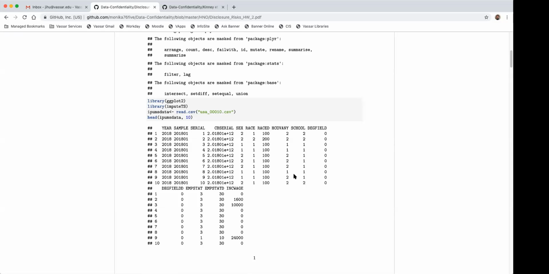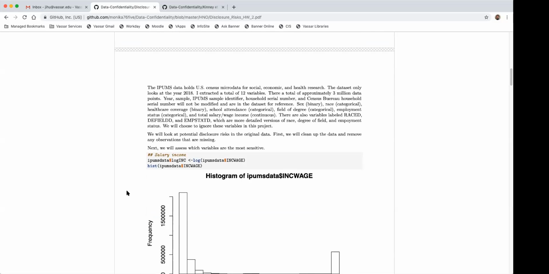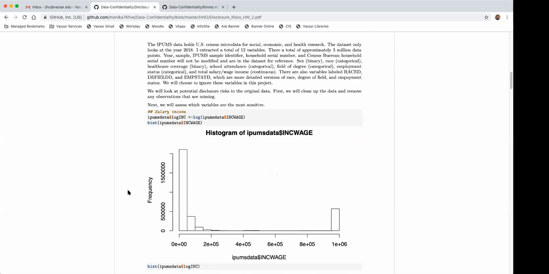You can see from this table there's race D, degree field D, and employment status D, which is a variable that shows a more detailed version, with more subcategories that explain exactly what the individual's characteristics are. The only continuous variable in my data set is the income wage variable, and I easily assessed that it would be the most sensitive.